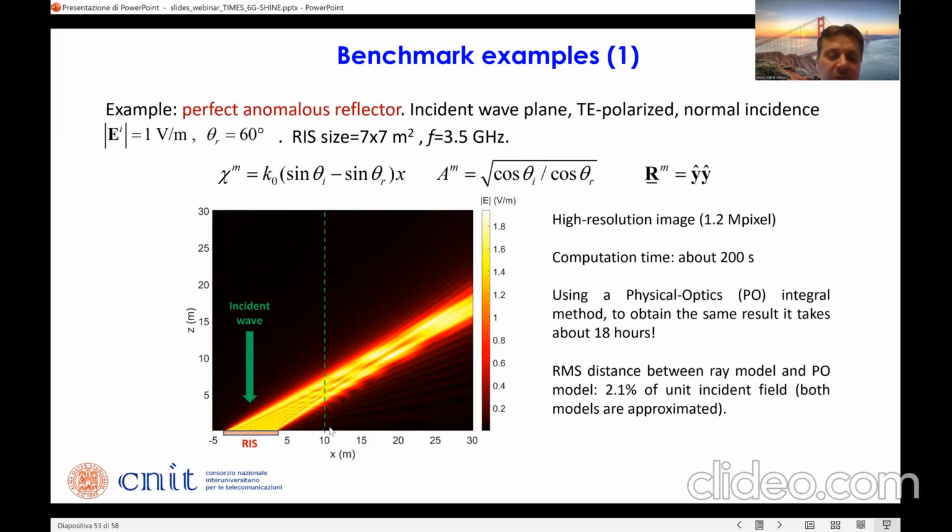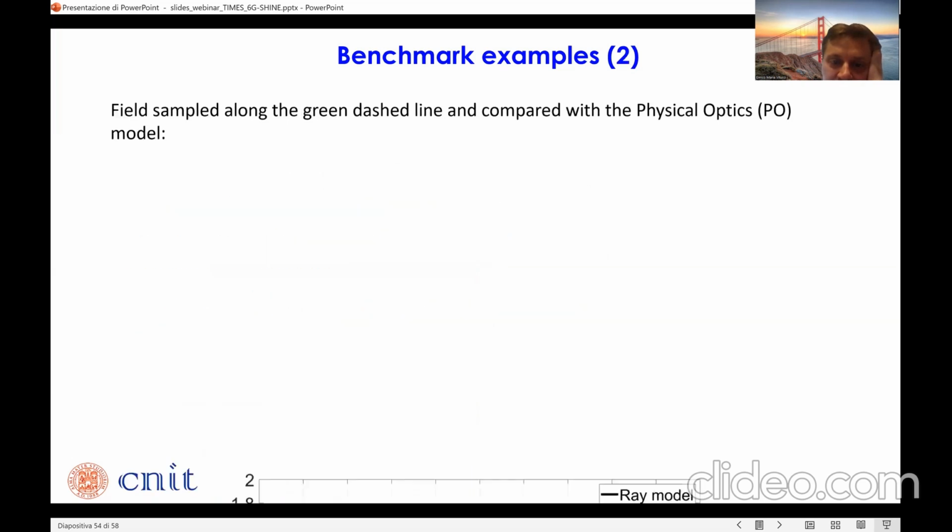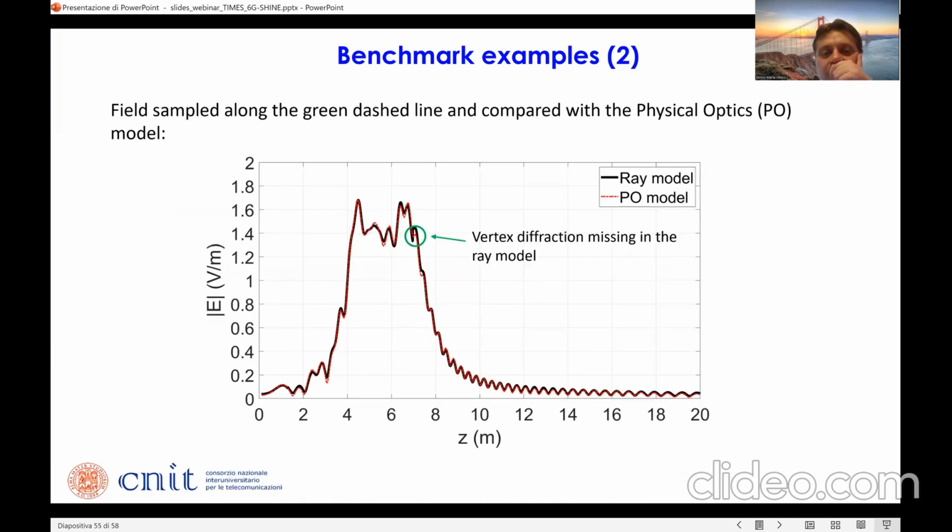And just to have a more detailed comparison, if we sample the radiated field along this green dotted line, and we compare it with the physical optics one, we get this plot where the physical optics model is the one in red and the proposed ray model is the black line.